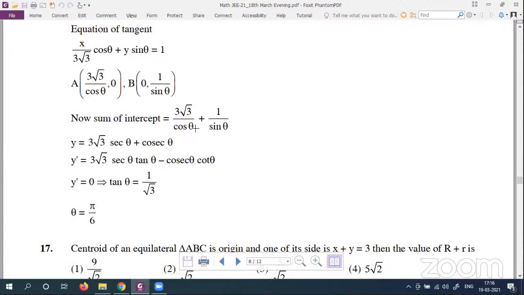Now to get the minimum or maximum value for this, we will differentiate this and equate that to 0. Differentiating and equating to 0, we get the value of tan theta, from which we get the value of theta as 5/6.